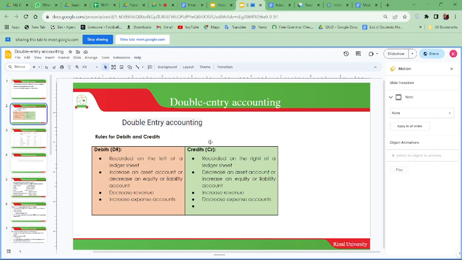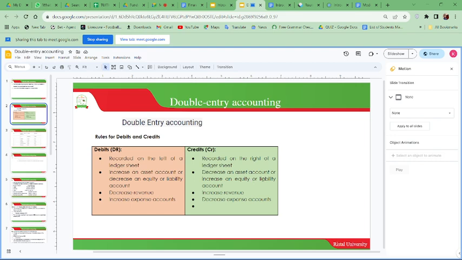So we look at the rules for credit. We record on the right of the ledger sheet. Credit is recorded at the right of the ledger sheet. A decrease in an asset account means we record it under credit side. If there is an increase in an equity, we record under credit side.